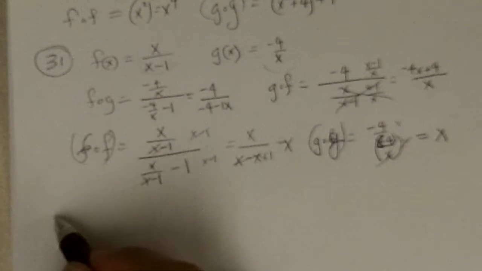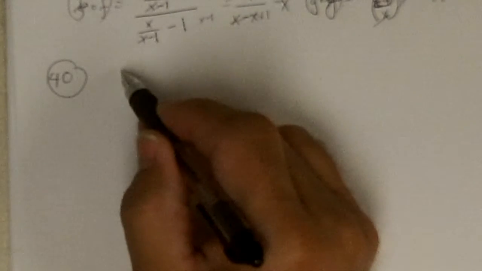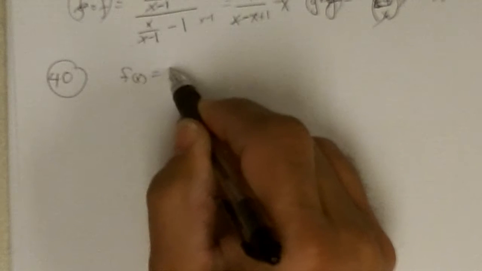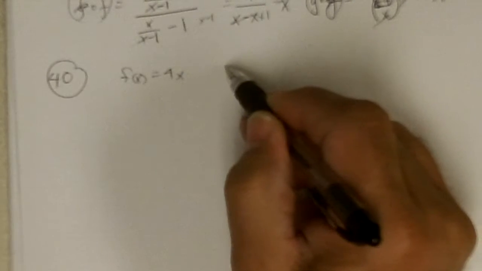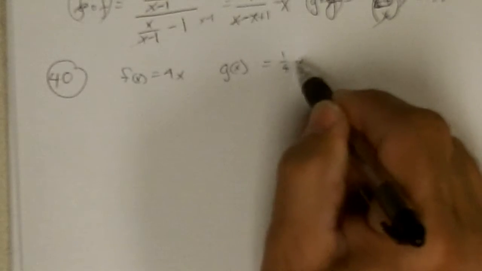and then 40. On 40 it says find f of g and g of f and show that they're equal to x. So f on the first one is 4x, and g of x is 1/4 x.